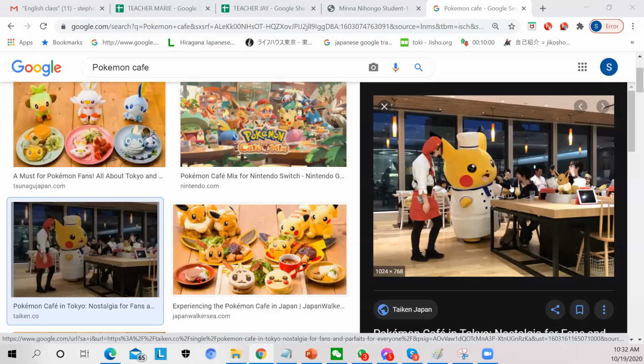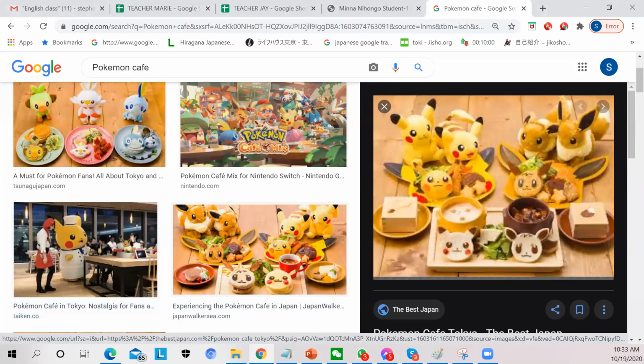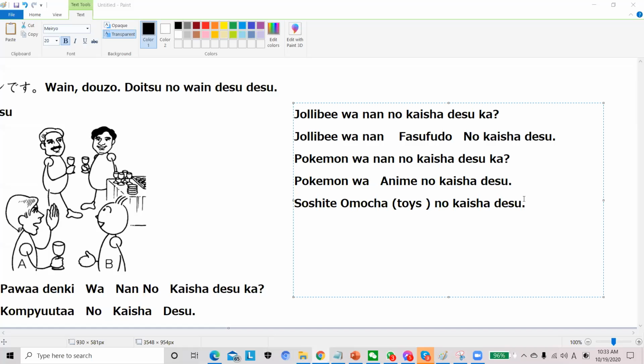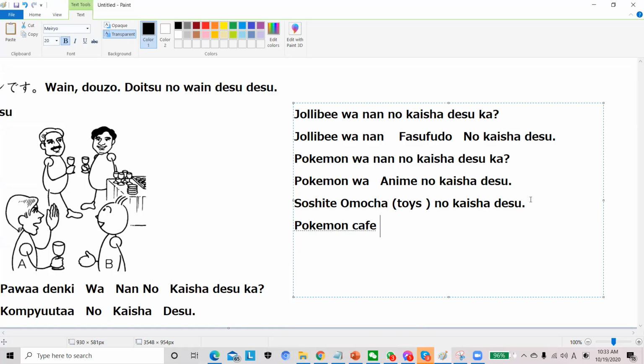Okay, so this is the Pokemon Cafe. So if you go to Japan, you will see these Pokemons, right? There you go. So you want to say Pokemon Cafe wa, okay? How will you ask me this question for the Pokemon Cafe?